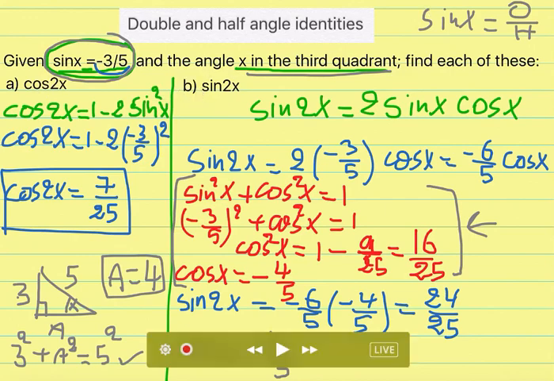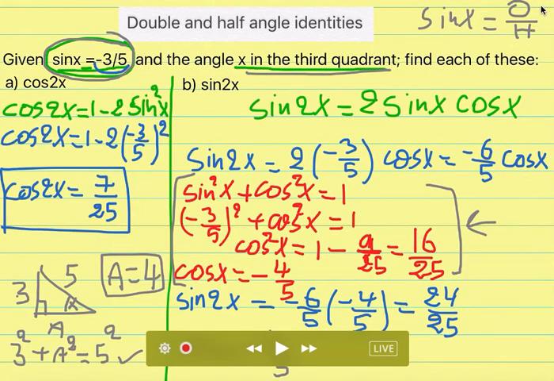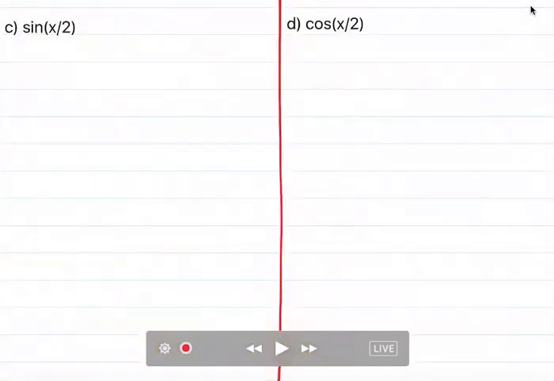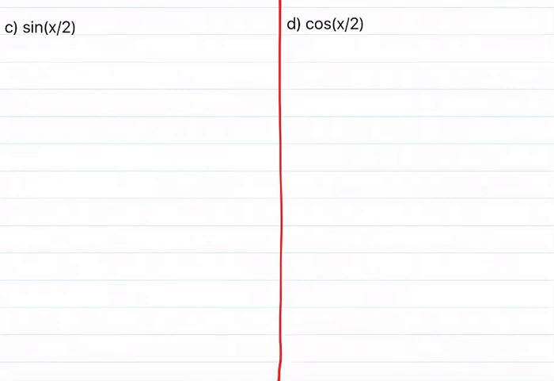Now we go to half angle identity. For half angle identity, we have this question: find sine x over 2, which is part C of our problem. Now you need to remember the rule for sine of half an angle, x over 2.